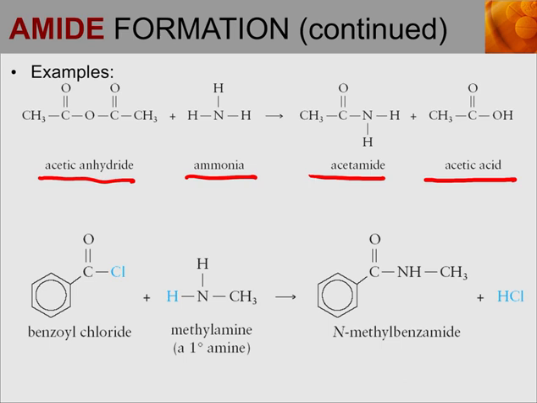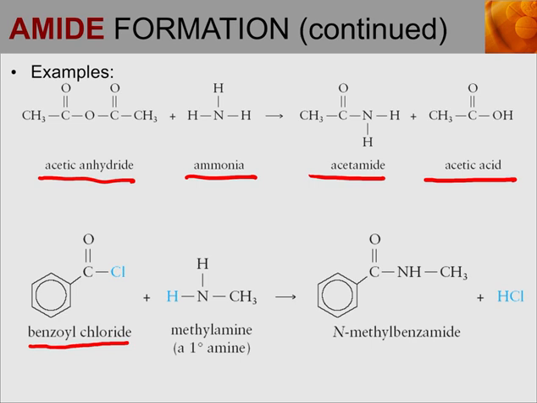Down below, we have another real-world example. If you start with something called benzoyl chloride, it basically looks like benzoic acid, so a benzene ring with that carbonyl group. But instead of an OH on the end, we have a chlorine.